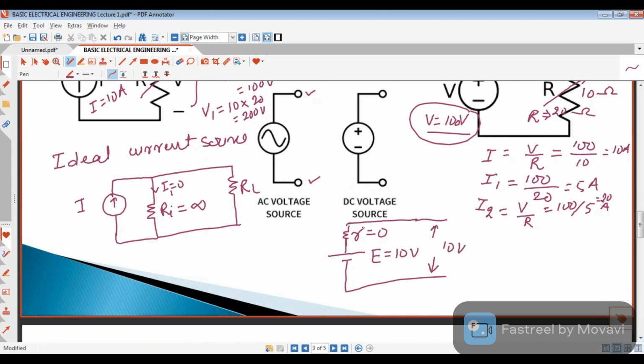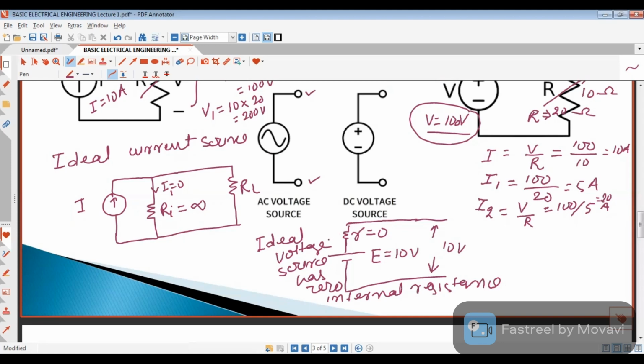Because this resistance will not drop any voltage, so ideal voltage source has zero internal resistance. Means this resistance is zero.